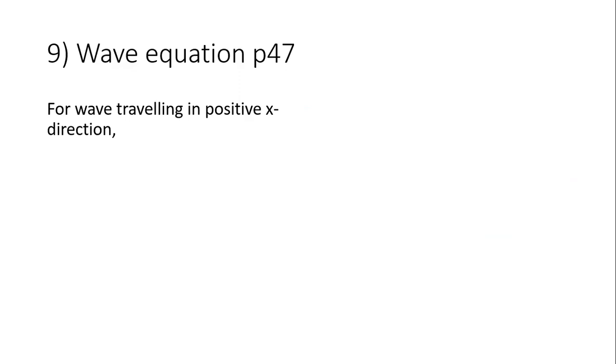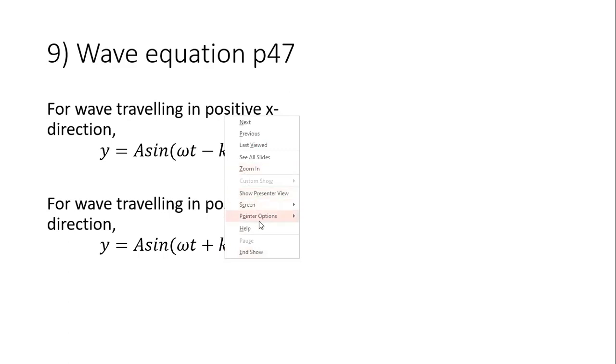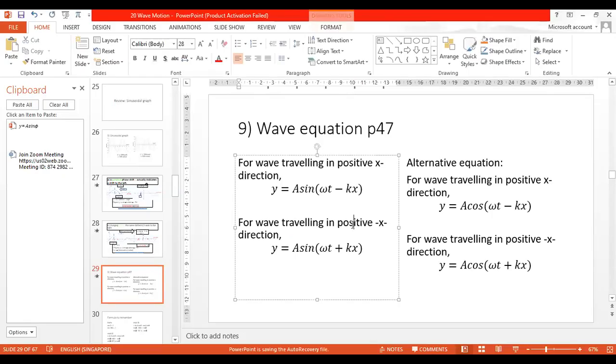So the general wave equation has x and y. Moving in the positive x direction, we write it like that. Where there's a negative, it is moving in a positive x direction. Where it is positive, it is moving in a negative x direction.